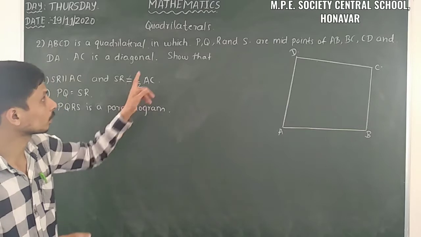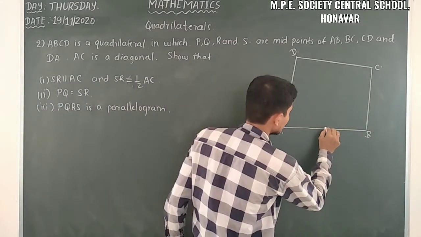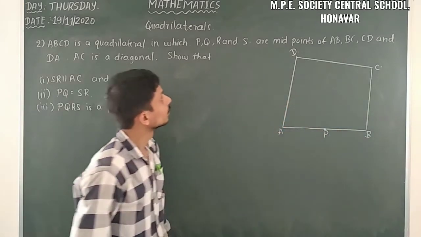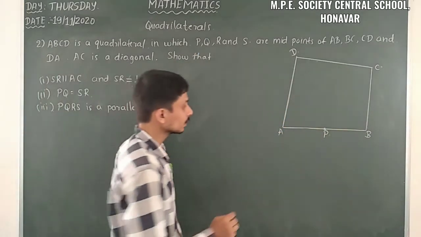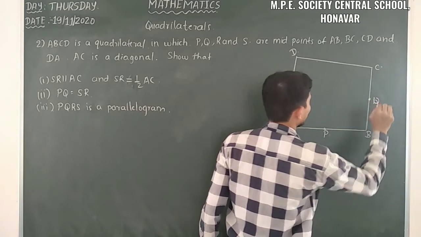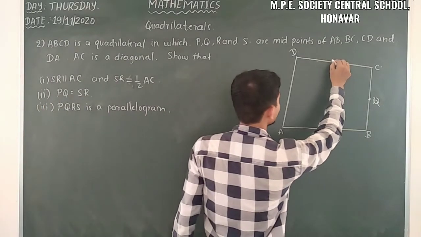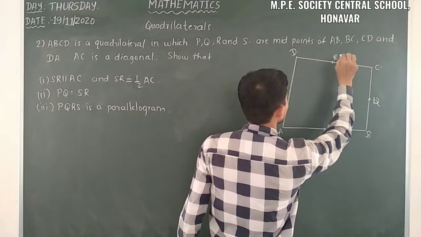Here we have to draw it. P is the midpoint of AB. Then Q is the midpoint of BC. Then R is the midpoint of CD.